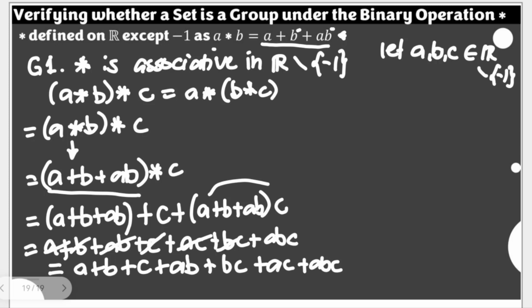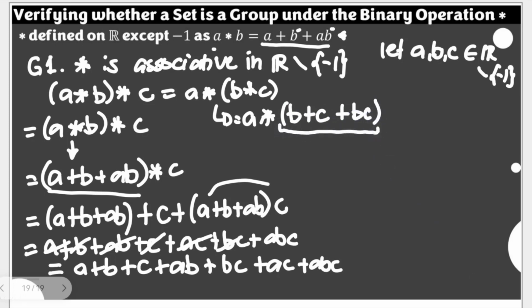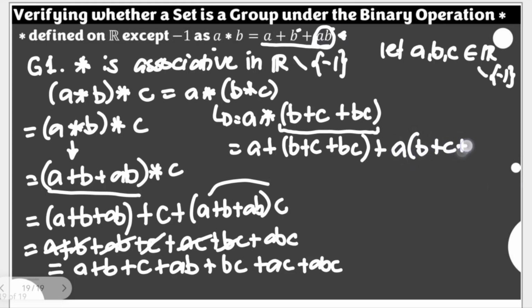Now let's proceed to the right-hand side here. So we have A star, applying the star operation for B and C. So we'll have B plus C plus BC. Now treating this as a singular expression, you have here A plus that entire expression, B plus C plus BC, plus AB here, which means the product of A and the second expression.